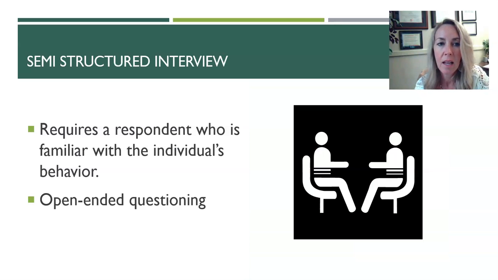However, it is not given one-on-one with the student that is being evaluated. It is what we call a semi-structured interview. It does not require the participation of the individual at all, but rather it addresses the understandings of people who are close with the student that is being assessed.